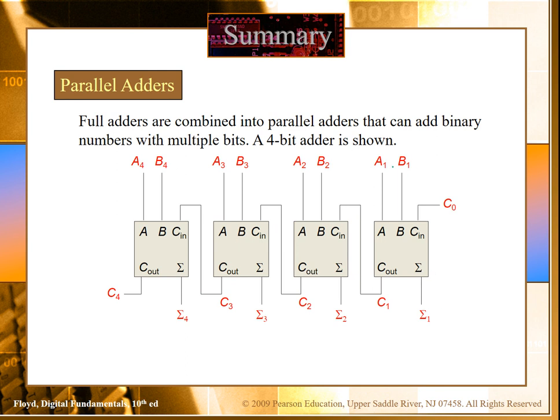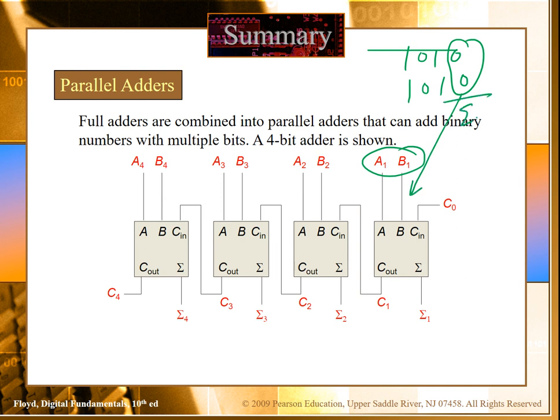So you have the first 2 bits, for example 0 1 0 1 0 1 0 1. I have the first 2 bits, so I need one full adder for them, and there will be their sum and their carry out. Let's call this carry 1.